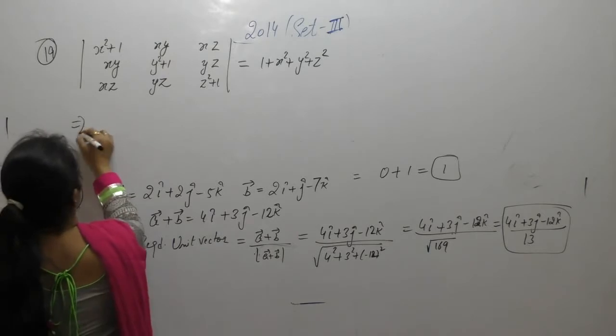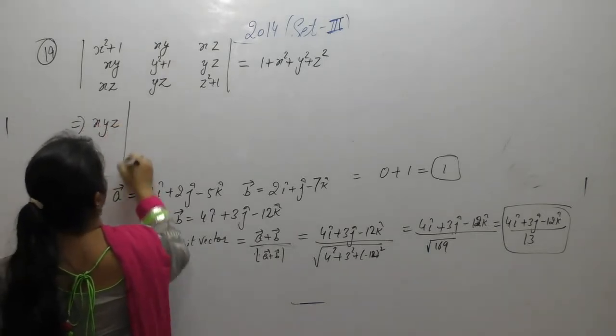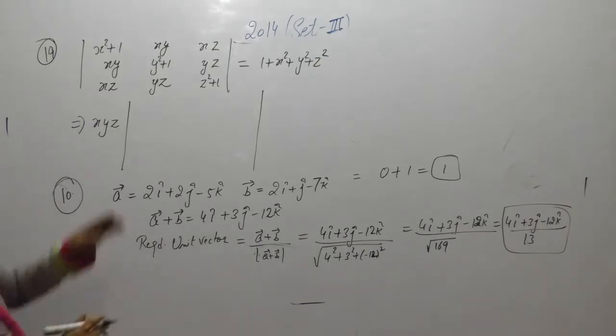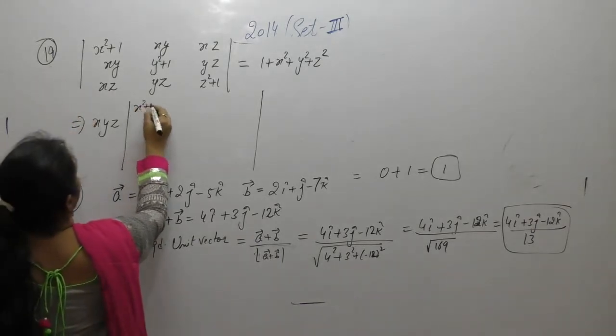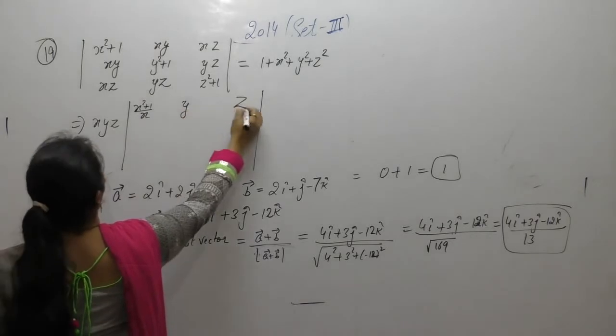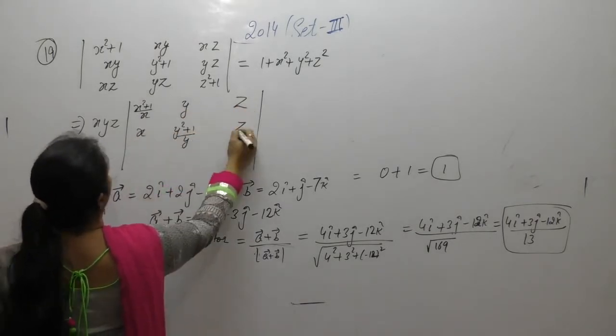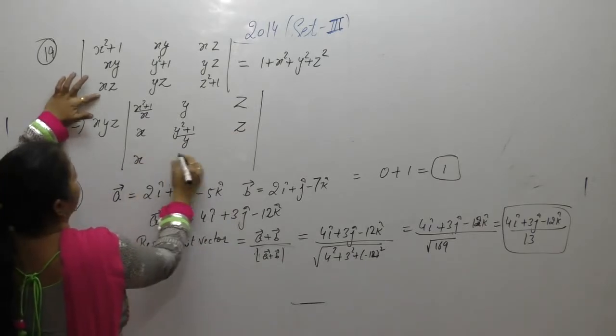First take x, y and z common from R1, R2 and R3. From R1 we took x, from R2 we took y, and from R3 we take z common.